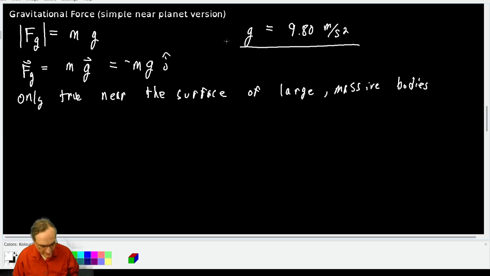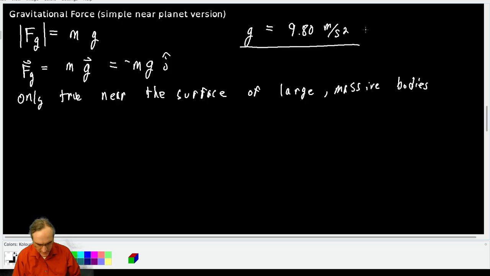Now, here's the thing. g is only 9.80 meters per second squared if we're talking about the surface of the Earth. If you're on Mars, g is actually 3.71-ish meters per second squared. On the Moon, I think it's around 1.6-ish meters per second squared. It's about 1/6 of what it is on the Earth.